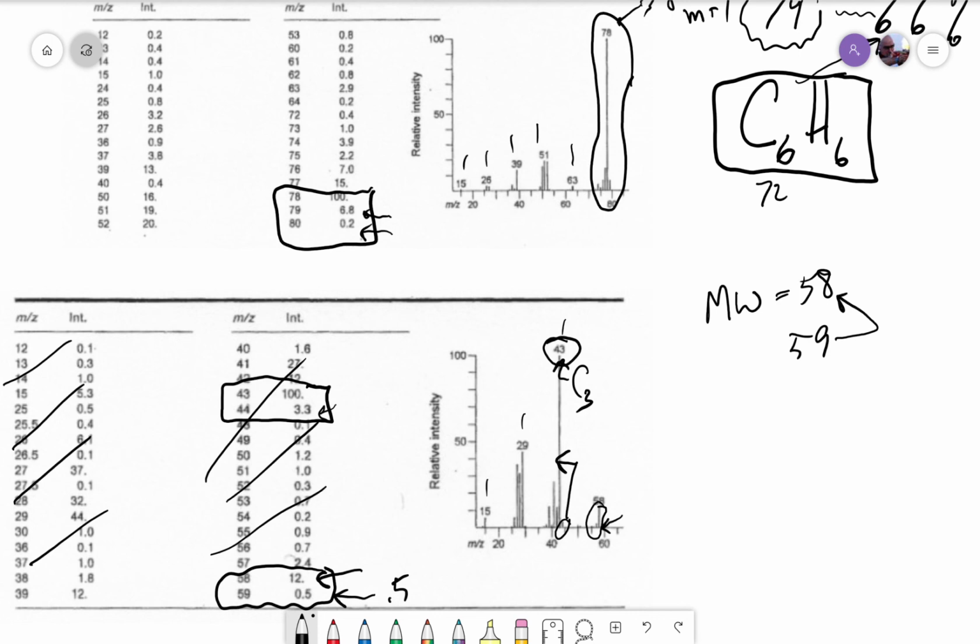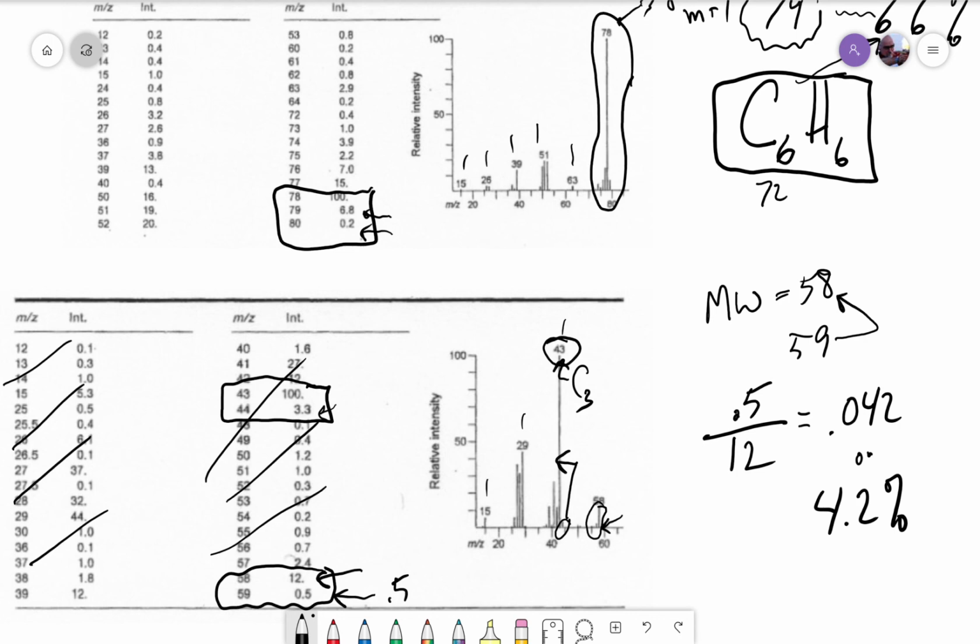If we look at that, the 59 peak is 0.5 of the entire spectrum, and this is 12 of the entire spectrum. Relatively speaking, if we divide those two, we get about 0.042 or 4.2%.